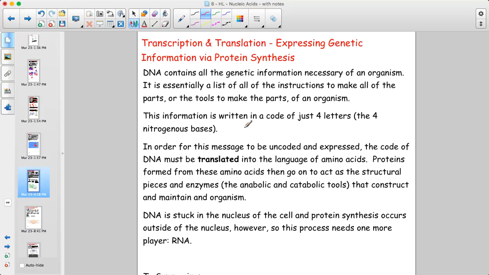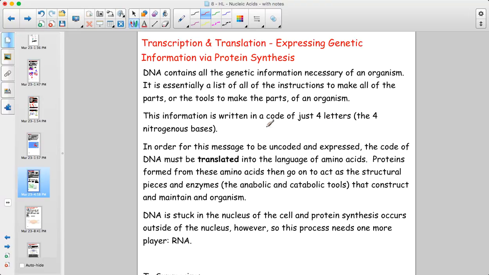Okay, transcription and translation, though, is a bit more complicated. So yeah, it's great that we have this complicated long molecule of base pairs, but how exactly does that hold our genetic information, and how does that get turned into all the parts of the human body or any animal's body? So the way that it works is that those four bases act like a code.